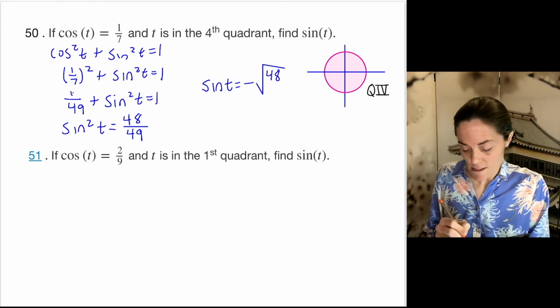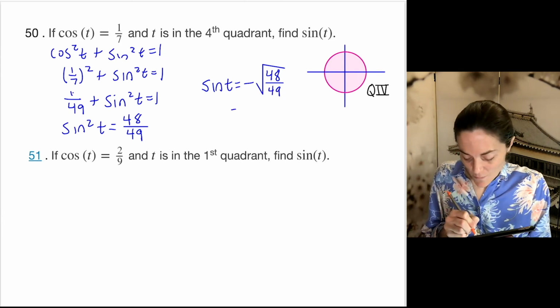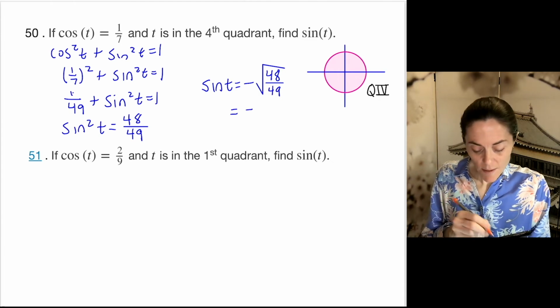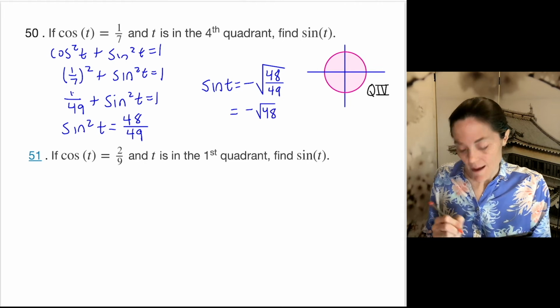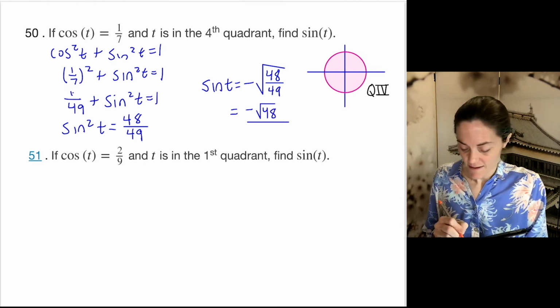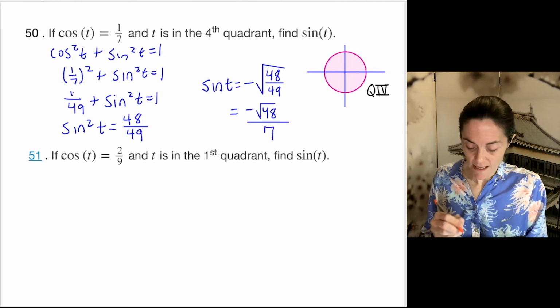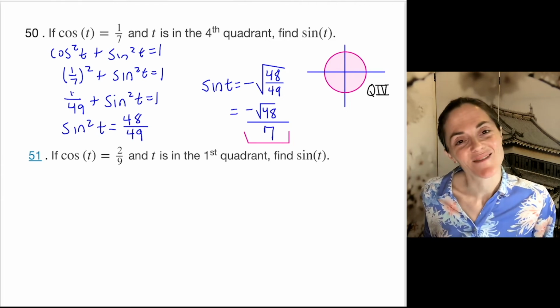Now I can take one small step here in simplifying, and maybe I will. I can write this as negative. In my numerator, I have square root of 48. In the denominator, I would have square root of 49, which is 7. So here's my answer. This is the sine for this angle t.